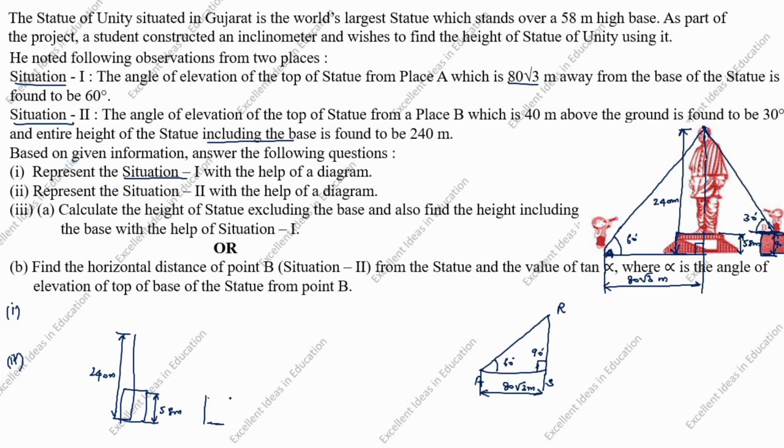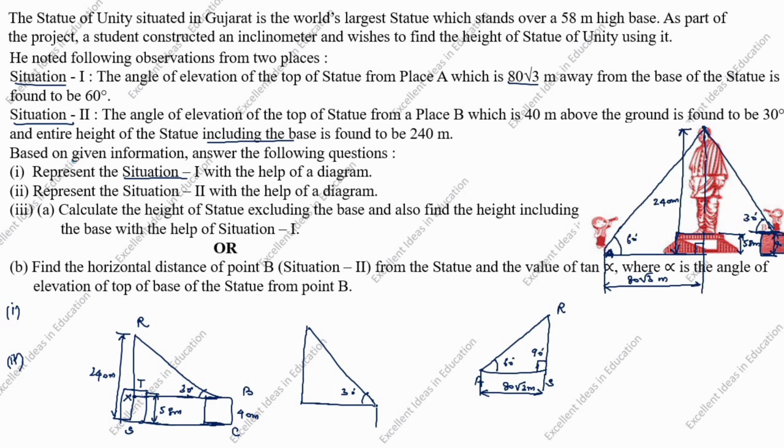Here is B. So B's base height is given as 40 meter. From here to here, this angle is given as 30 degree. This is the ground. This is B. This is R. This one we will take as T. Here is S. This one is C. I will draw the drawing again. So we will join this line here. This one we will take as X. Here is 30 degree.